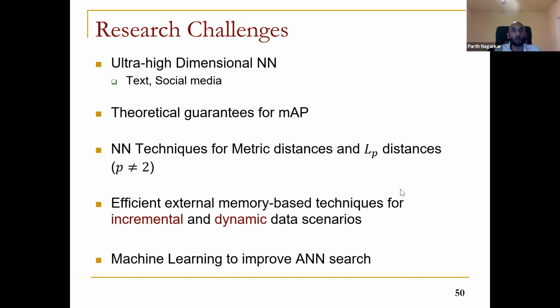There's not a lot of work done for incremental and dynamic data scenarios. But for spatial applications, 2D and 3D, where your objects are constantly moving and your KNN results are constantly being updated, there is a lot of work in that domain.